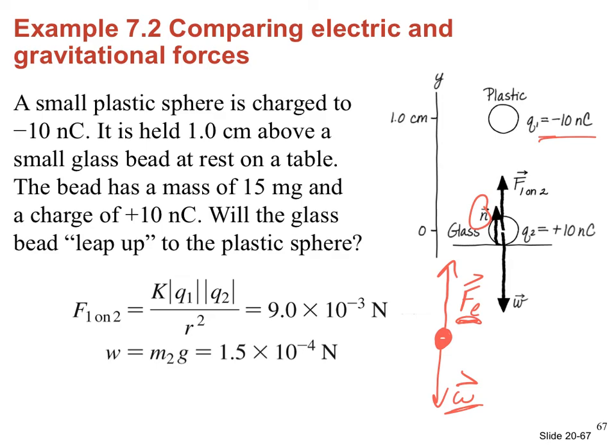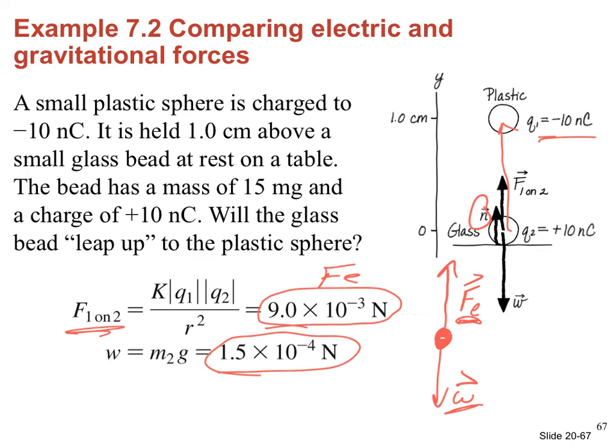If the electric force is larger, then it could actually overcome the weight and pick it up. So our electric force is 9 times 10 to the negative 3rd newtons, and our weight is 1.5 times 10 to the negative 4th. So which one's larger? Right here, the electric force. So this glass bead can actually leap up off the table to the plastic bead.